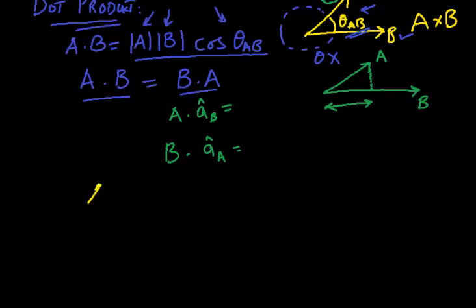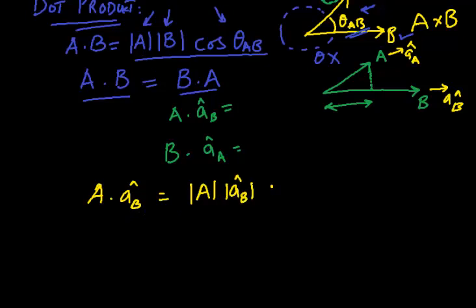So let me write it in this way. Mathematically, A dot aB, where aB is the unit vector along B, and aA is the unit vector along A. That can be written as the magnitude of A, as we defined, and then the second vector is aB, whose magnitude is obviously 1, and then the cosine of theta AB, because the theta remains the same.